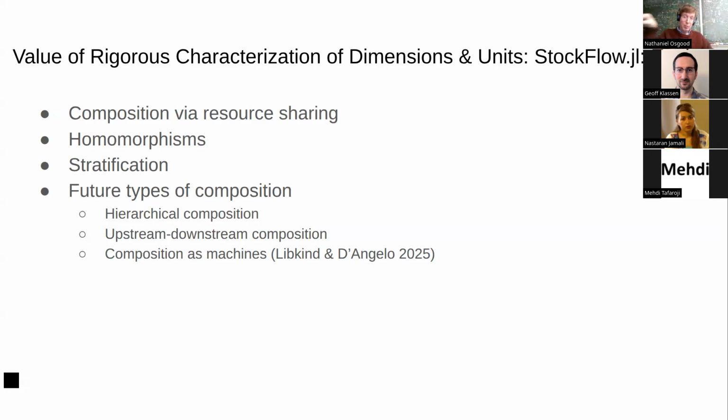So you have an outflow out of the original stock and you replace it with a diagram of multiple stock and flow models of the same dimension. Get that? The stocks have to be the same dimension. And it has to have a flow of the same dimension out of it. It's kind of like you pop it in there and it just fits into the right socket. Anyway, there's upstream and downstream composition, which is kind of a variant of that.